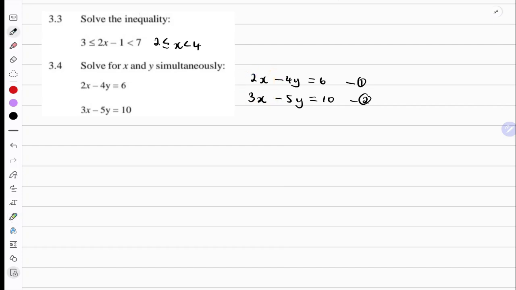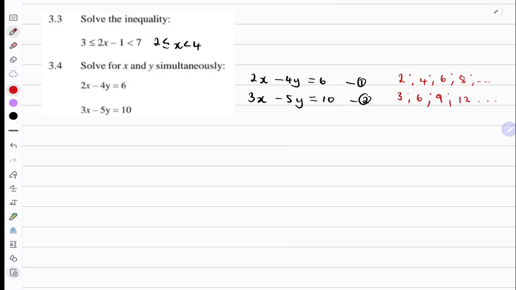So the way to do this is you could list the multiples of 2, or let's try and find the LCM for 2 and 3. So you could list the multiples of 2: 2, 4, 6, 8, and so on. Multiples of 3: 3, 6, 9, 12.